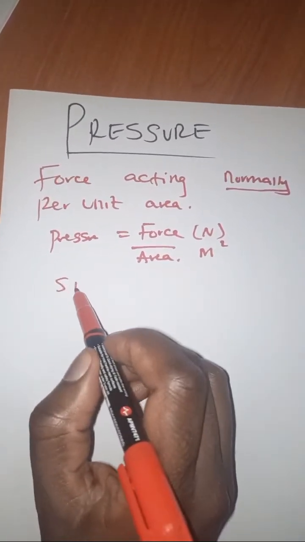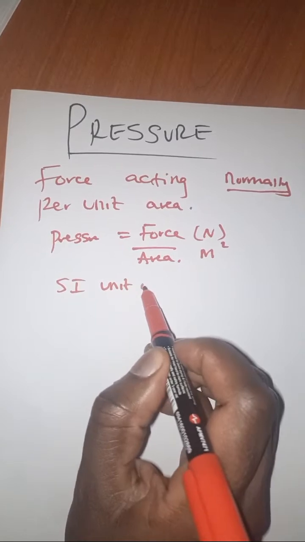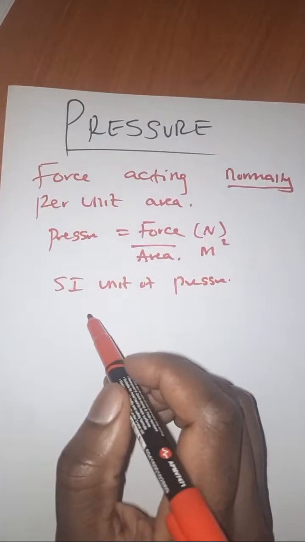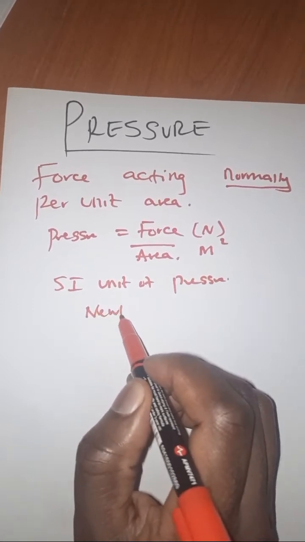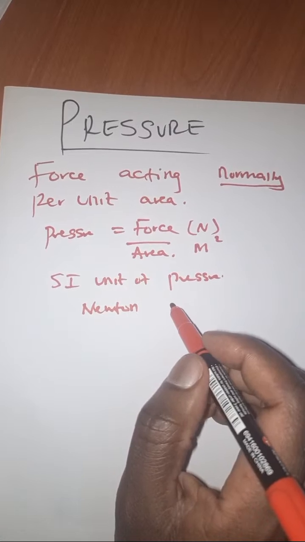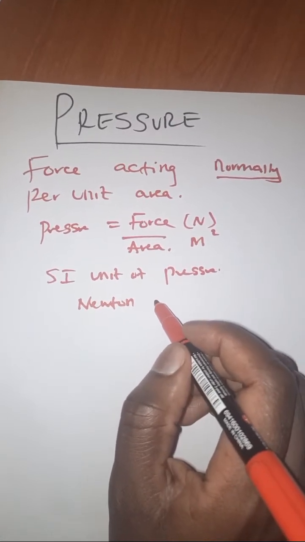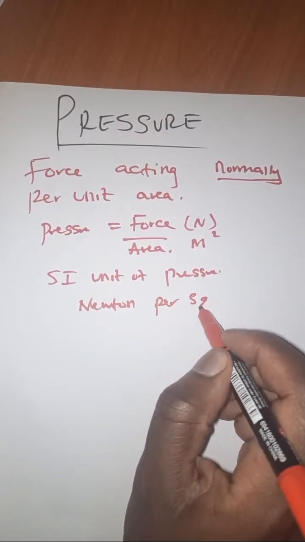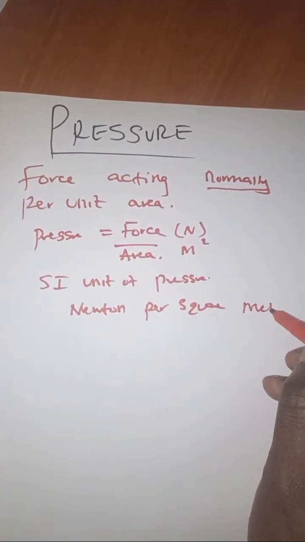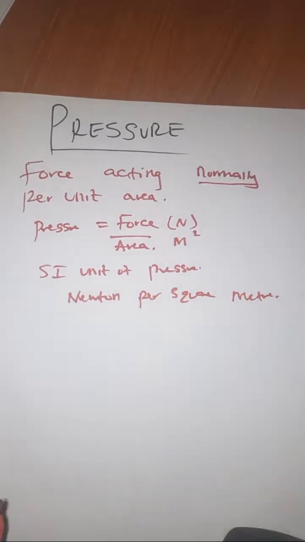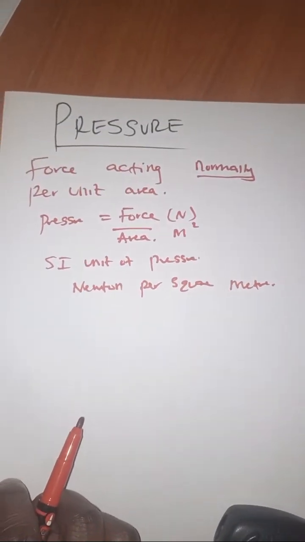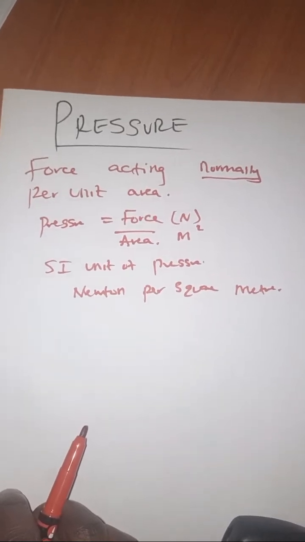So therefore the SI unit of pressure is Newton per square meter. Those are the basic things we need to know about the topic pressure.